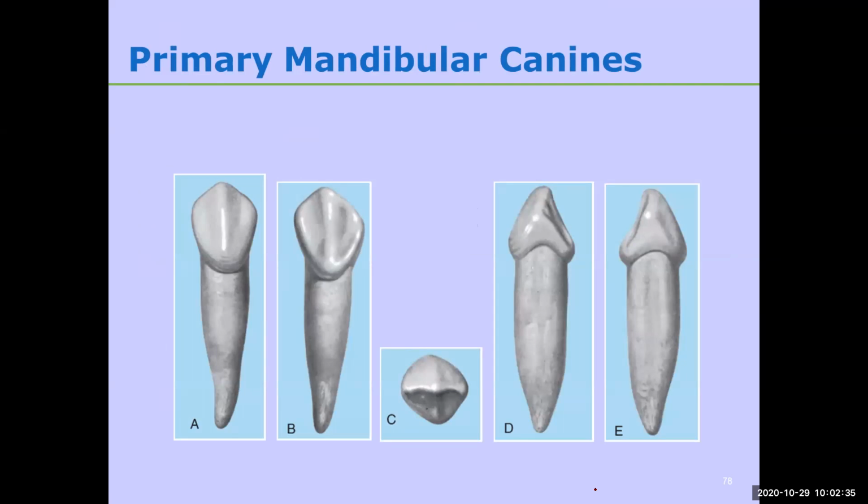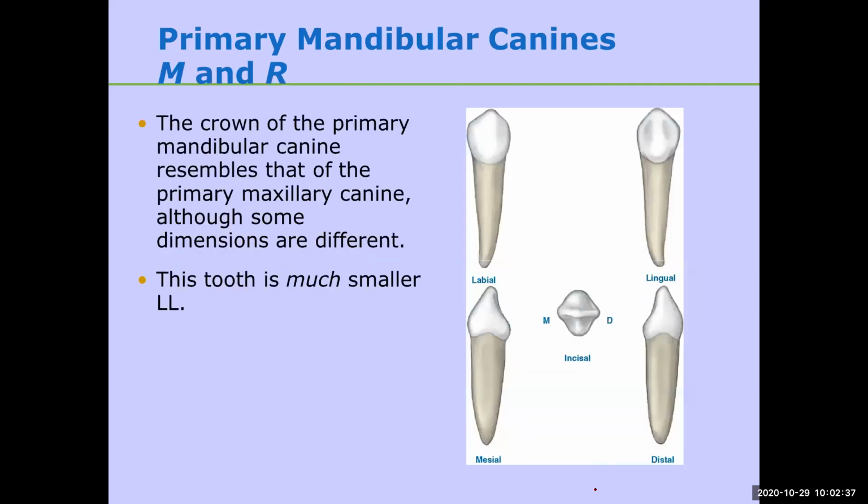Mandibular. The dimensions are a little bit different compared to the maxillary. And look at this. This is what I'm talking about, I want to see a straight mesial on your mandibular canine. That's what I want to see. I'm going to take that away because I messed it up.